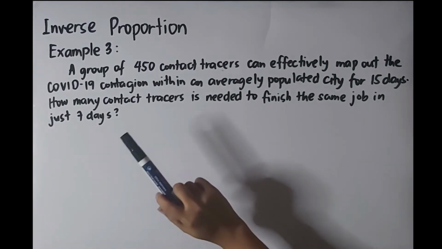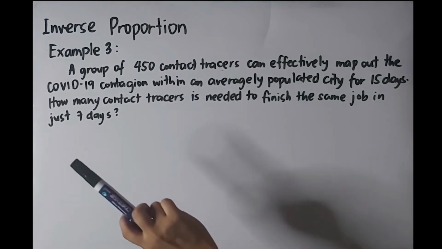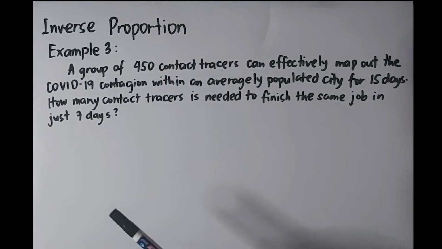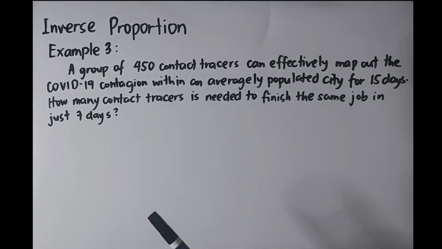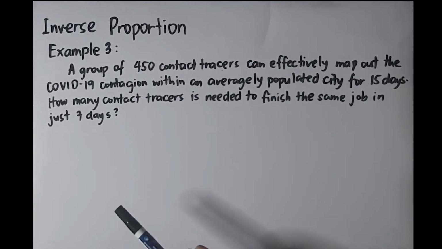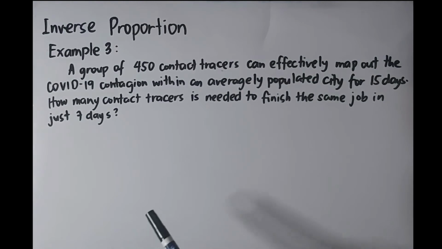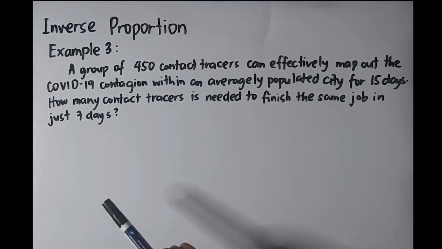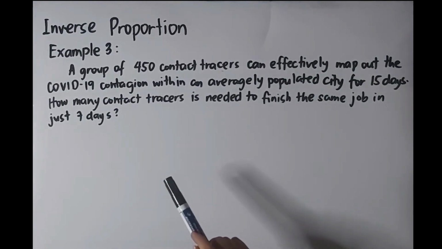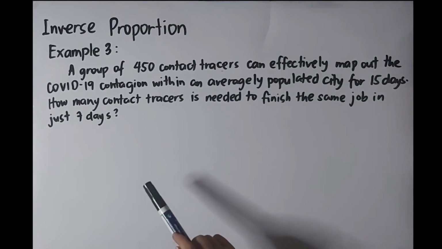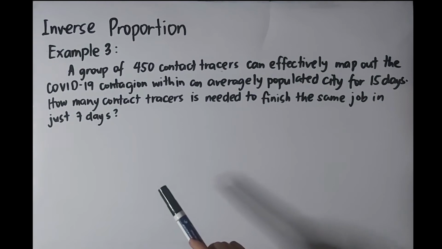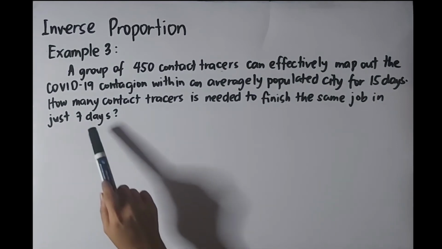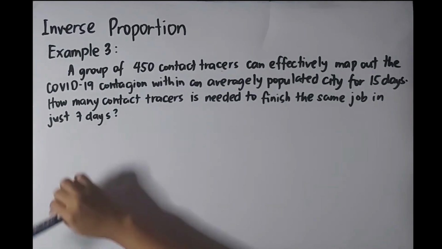Since the COVID pandemic is really seriously affecting our country, we need to be more efficient and timely when it comes to finding out whoever the COVID-19 infected already. So we lessen the number of days.